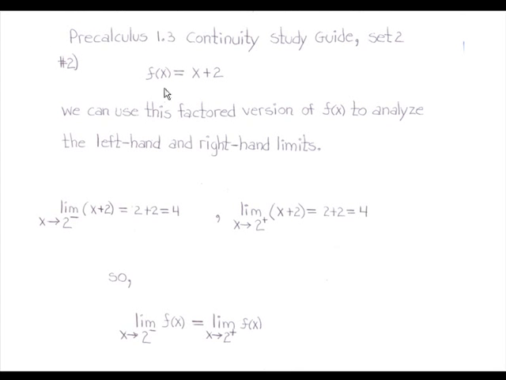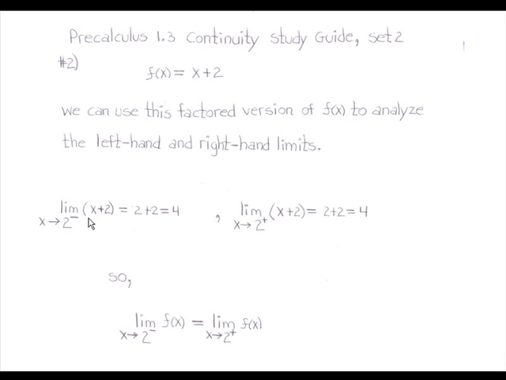So now we have the function in its factored form, f of x equals x plus 2. We can use this factored version of f of x to analyze the left-hand and right-hand limits. So the limit of x plus 2 as x approaches 2 from the left, and now remember we can just go ahead and substitute the 2 into this expression, and we end up with 2 plus 2, which is 4.